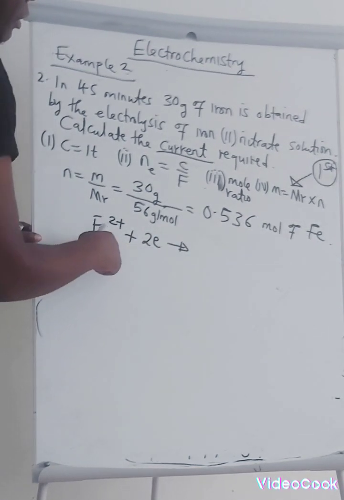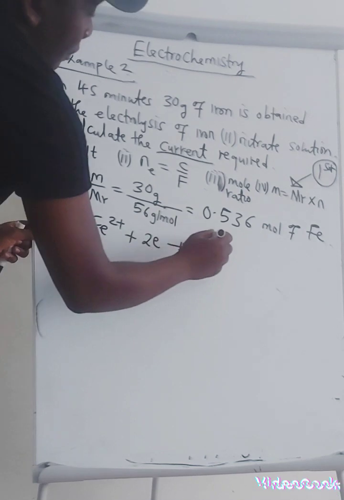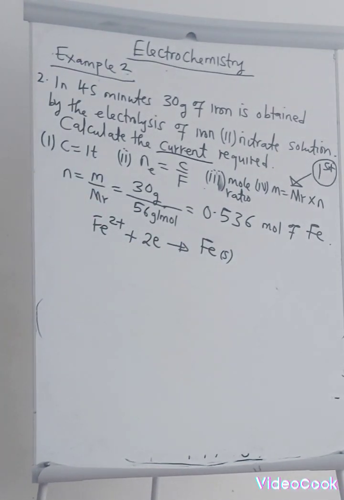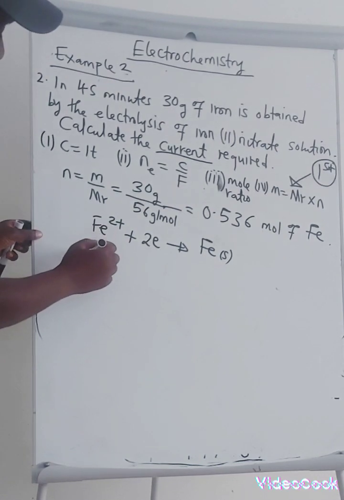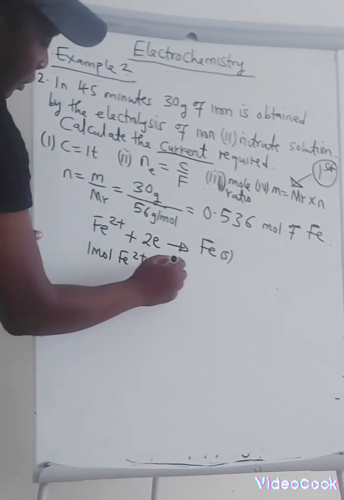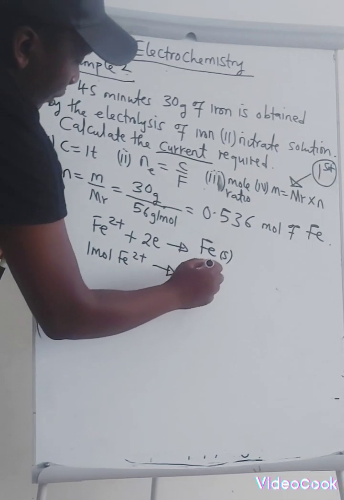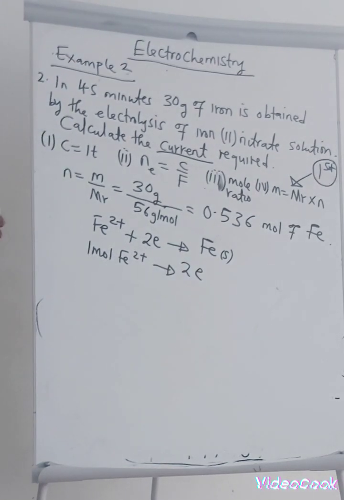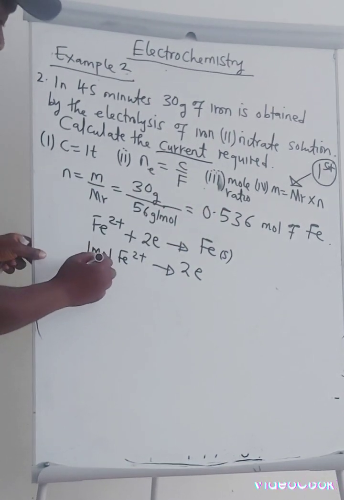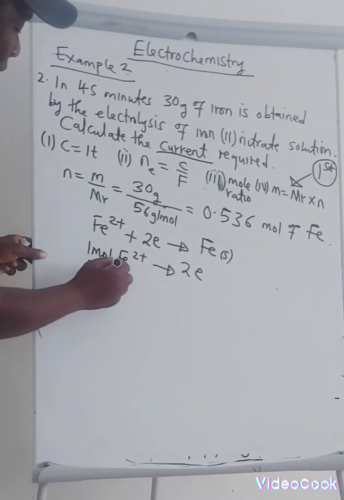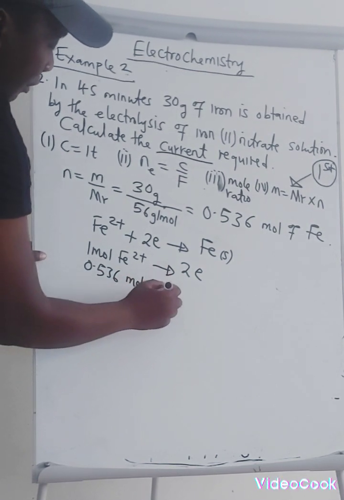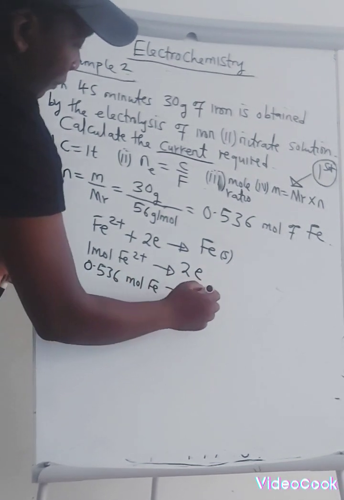So the mole ratio is 1 mole iron to 2 moles electrons. Then 0.5336 moles of iron will produce how many moles of electrons?